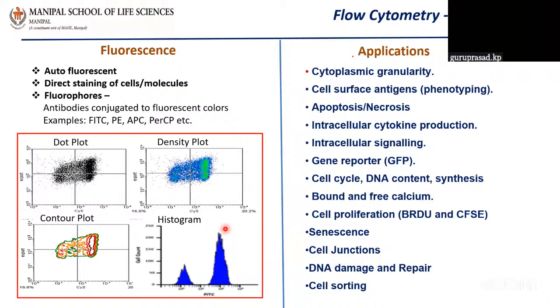So for that purpose, in a flow cytometer, when you are running the cells, in about 2 to 3 minutes, the machine can count 1 lakh to 10 lakh cells. So the properties of 1 lakh to 10 lakh cells can be saved within about 3 to 4 minutes in the machine. That is the advantage of using this machine.